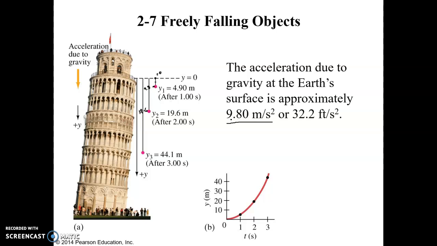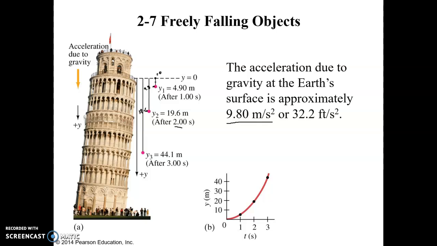But if we multiply that average velocity of 9.8 meters per second by the time interval of 2 seconds, it brings us back to 19.6. So the distance fallen is 19.6. And if we repeat that, it will continue to grow at this exponential rate. So the velocity continues to increase and increase the further it falls. In theory, if there was no air resistance, it would just continue to accelerate infinitely.